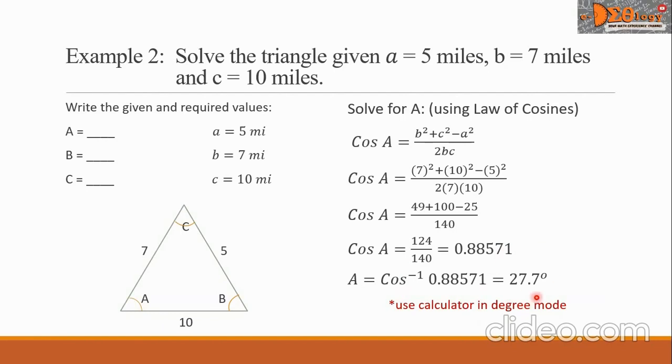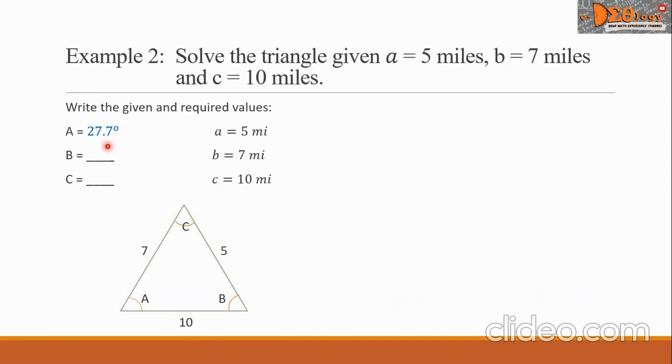Let us copy this value opposite angle A on this side. So let us go to solve for B, again using law of cosines. Actually, we may use the law of sines to get this angle B. But for our discussion, we will continue to use law of cosines.